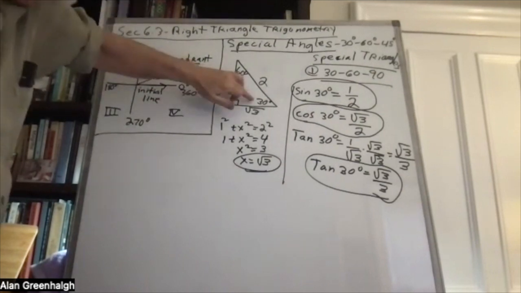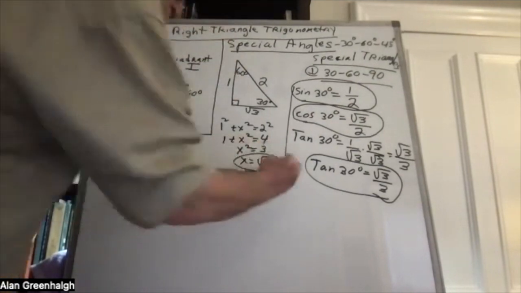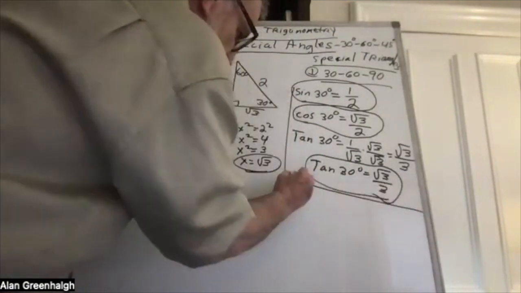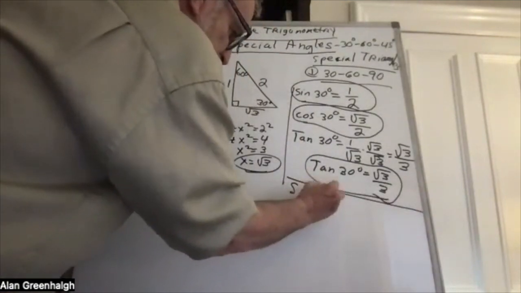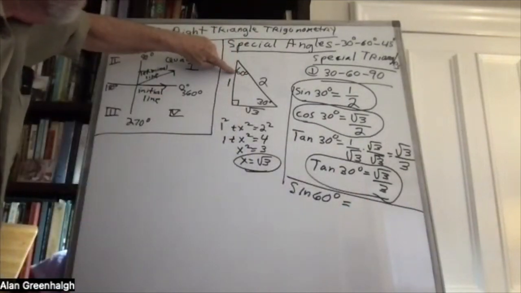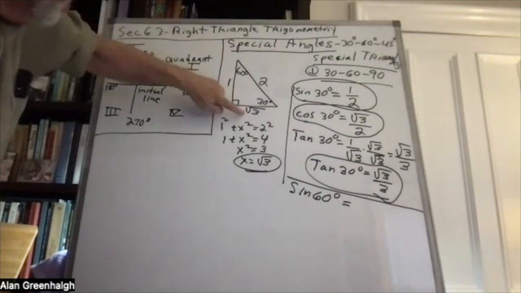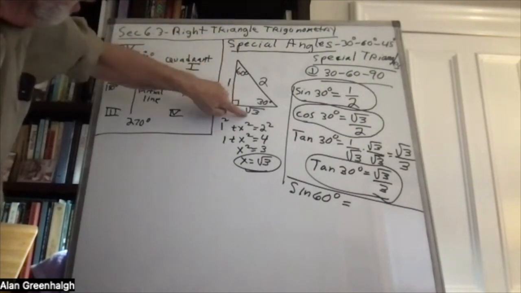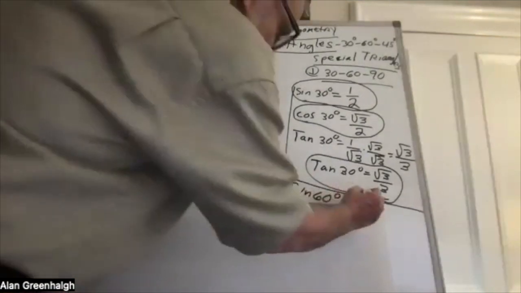Now, let's look at 60 degrees. The sine of 60 degrees is opposite over hypotenuse.